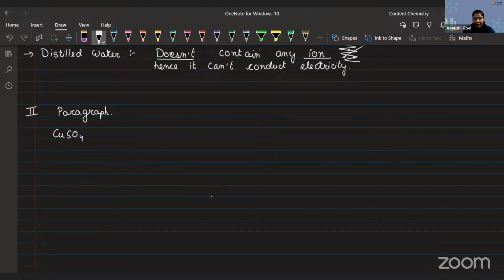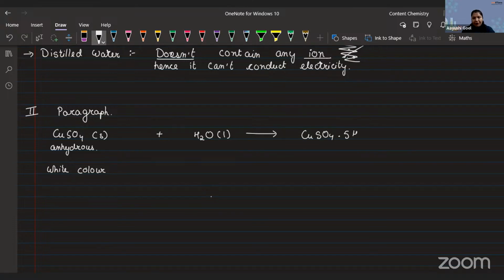So copper sulfate, when it is solid and anhydrous, will be white color. And in presence of water, it will become copper sulfate dot 5H2O. Again, it remains solid. It will be blue color here. First and foremost, write like this.